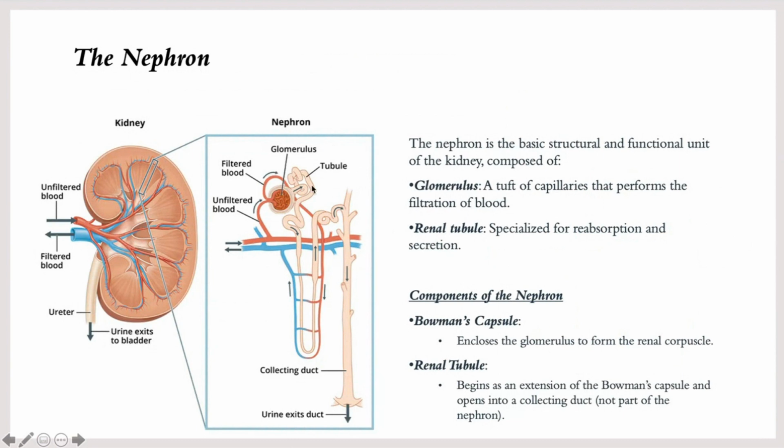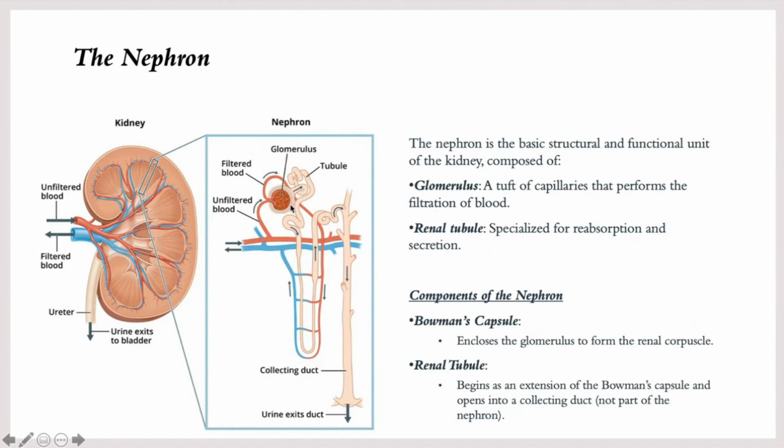The nephron consists of a glomerulus, which is basically an area that has a lot of capillaries that filter the blood. And then the nephron also has the tubules, okay, the renal tubules, and these tubules are important for reabsorbing and for secretion. Okay, now this is reabsorbing of salts, of certain nutrients, etc. Then the components of the nephron.